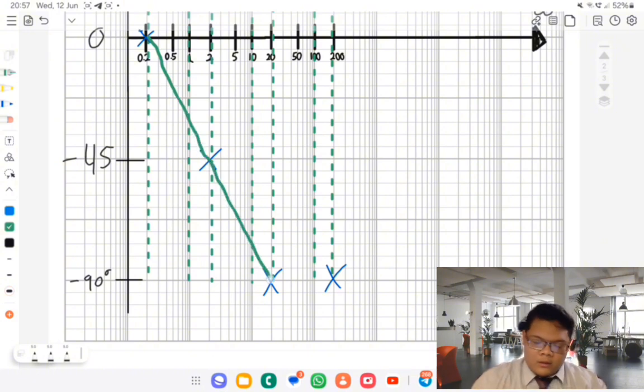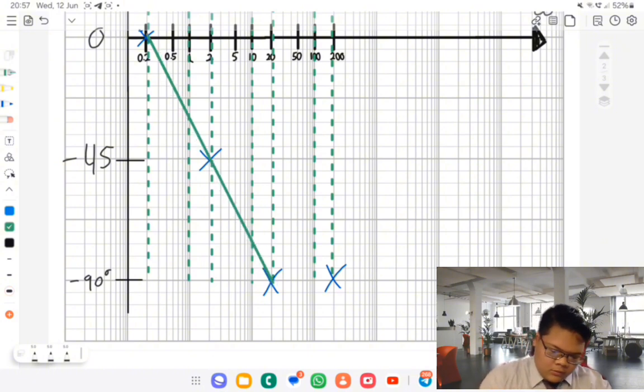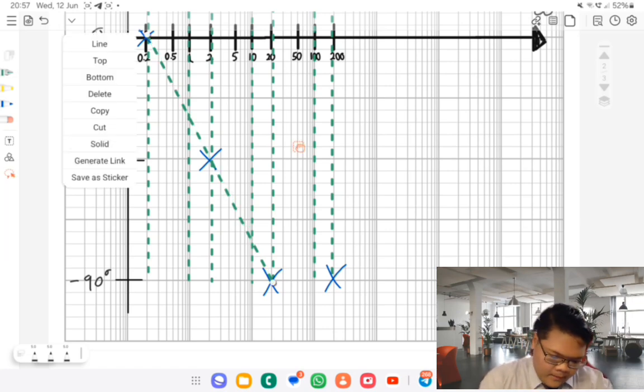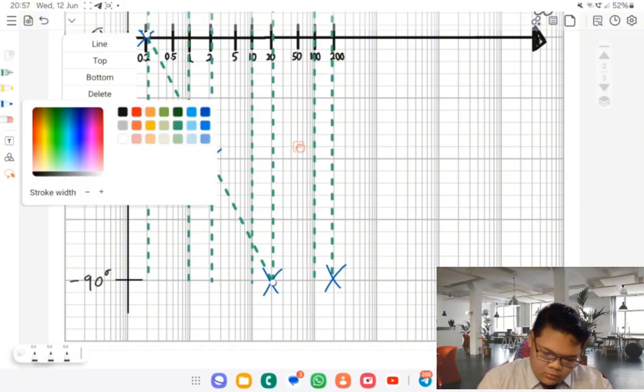Like that, and the line has to be dashed, and we change the color to a straight line.